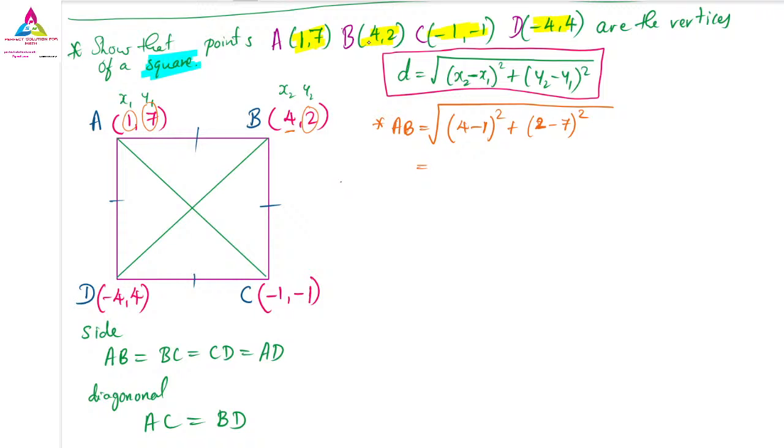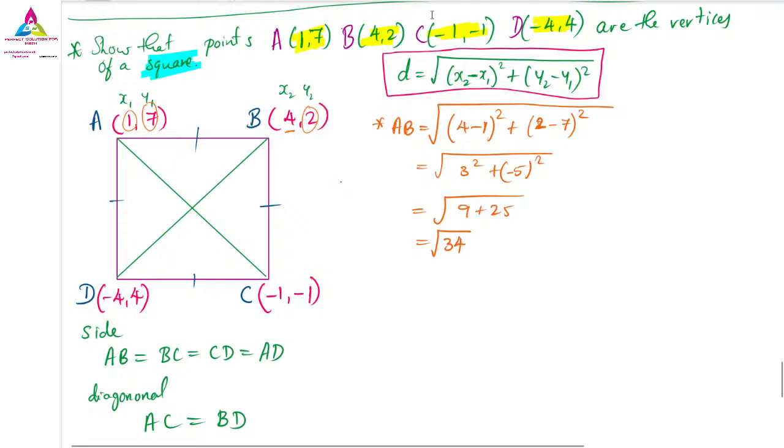So what is 4 minus 1? 4 minus 1 is 3. 3 square plus 2 minus 7 is minus 5, the whole square. So what is the value? Root of 3 square is 9 and minus 5 square becomes positive, 25. So the answer becomes 34. That is root 34. This is our AB value.